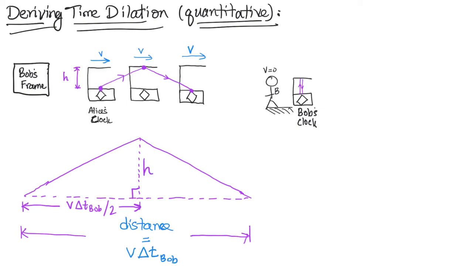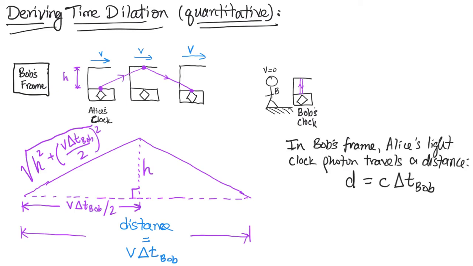And we know the other two sides of this triangle, so we can use Pythagorean theorem to write the length of the hypotenuse. And the length of the hypotenuse is the square root of the sum of the squares of the other two sides. Like so. Okay, so it's a bit of a mouthful, but it's the square root of h squared plus (v delta t Bob over 2) quantity squared.